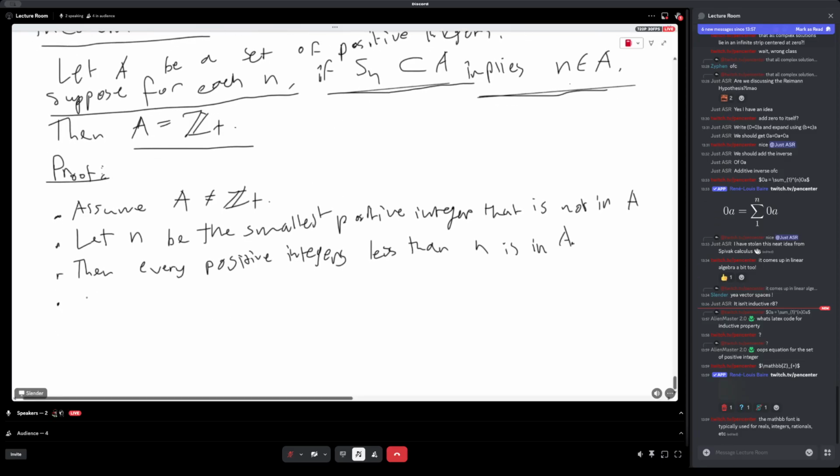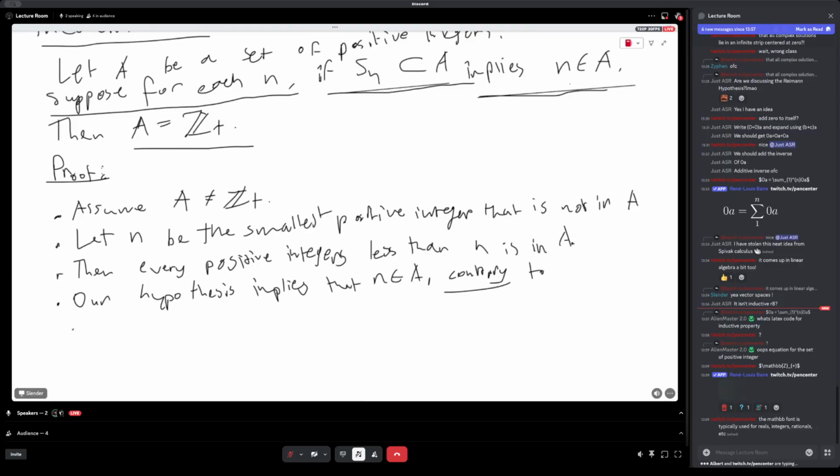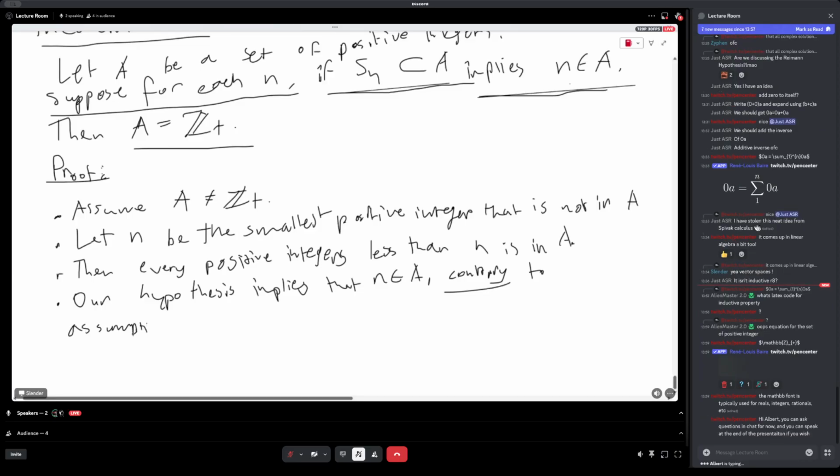So this contradicts our hypothesis. Our hypothesis implies that n belongs to A, contrary to assumption. So we are done with that proof now.